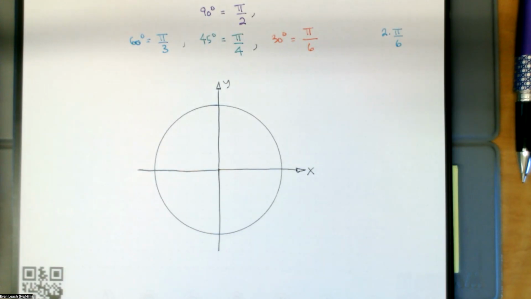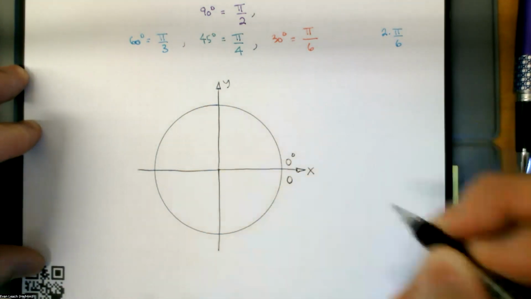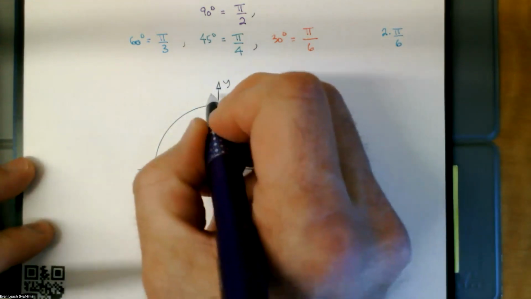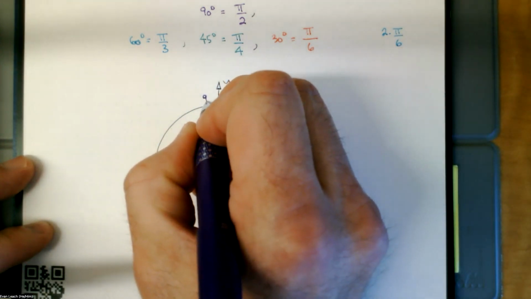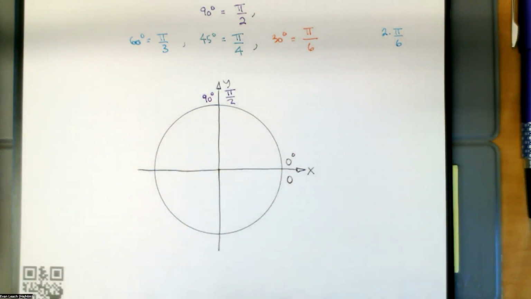So what we want to do is go around the circle and write the degree and the radian equivalent for all of our common angles, our quadrants, and our 30, 45, and 60. Because once we know the unit circle going around, forever, we just repeat. So 0 degrees is 0 radians. When we're listing angles in radians, we don't put units. We just understand them to be radians. They're unitless that way. Up at the top, we have 90 degrees. 90 degrees is pi over 2 radians.